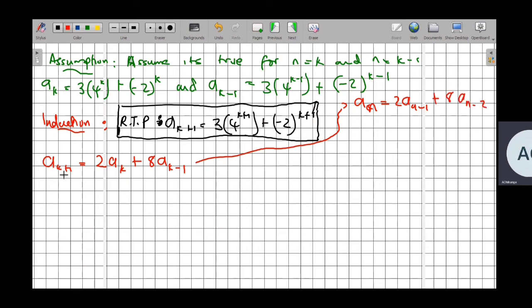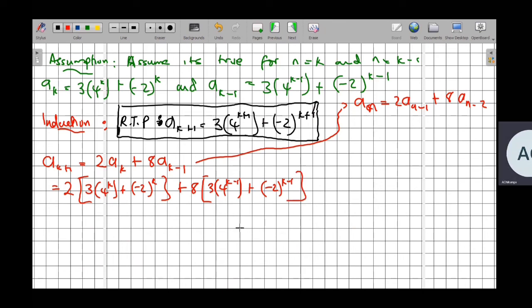All right. So then from here now, we are going to have 2 times a_k. What is a_k? It is 3 times 4 to the power of k plus (-2)^k, okay? Plus 8 times a_(k-1), which is this one, 3 times 4^(k-1) plus (-2)^(k-1). That's what you have here.